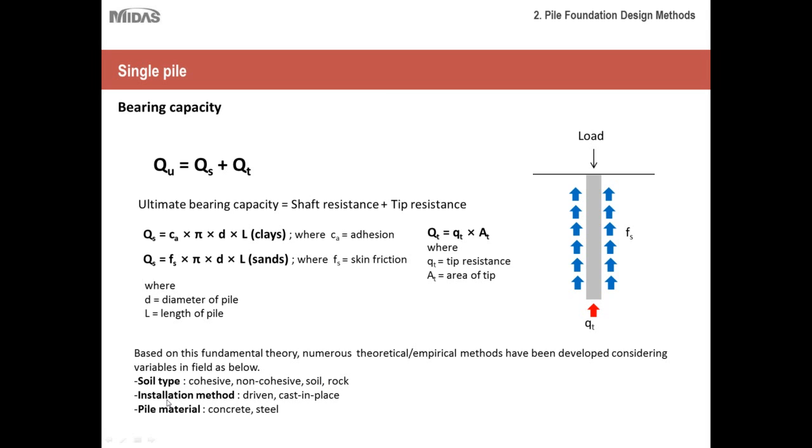Then based on the installation method, that's what I mentioned in the previous chapter 2, if it's a driven pile or a cast in place pile. And based on the pile material also, because if you're using concrete, you will have a different coefficient of roughness of the skin. If you're using steel, it will have a different behavior. So based on these parameters, we have a different formulation setup.